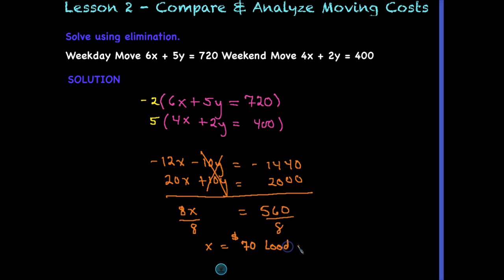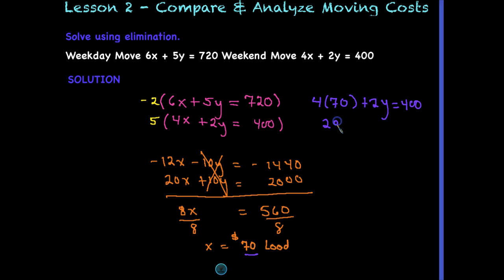And that's right on with what we got before, but now if I wanted to figure out my packing and unpacking this way, I would just need to plug in the $70 for x in one of my equations. And I'm going to use that bottom equation because it's a little bit smaller. So I would take 4 and plug in the 70, replace the x with 70, plus 2y equals 400.